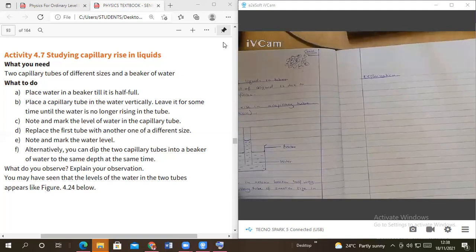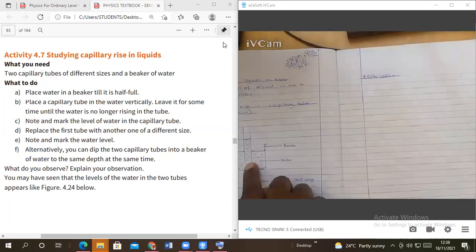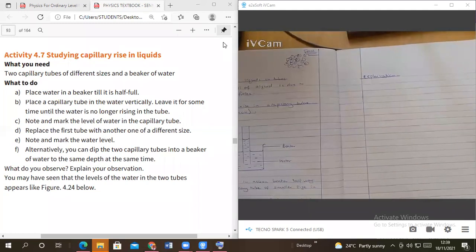This time must be a boy to give us the answer. We have Ruben, we have Pav, there is Sean. Those are the boys. So you give us the answer. What's the explanation to that observation? Why does it fall in a large diameter and why does it rise in a smaller diameter? Why?